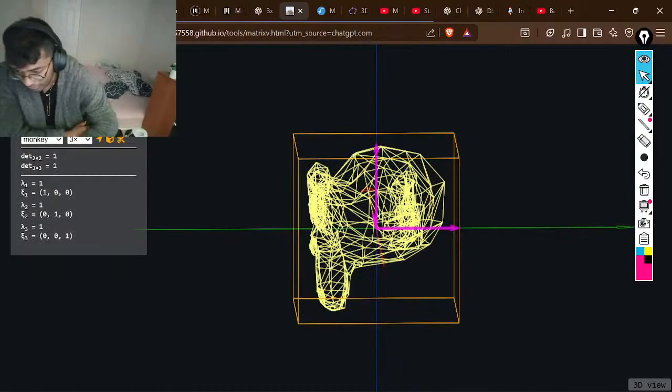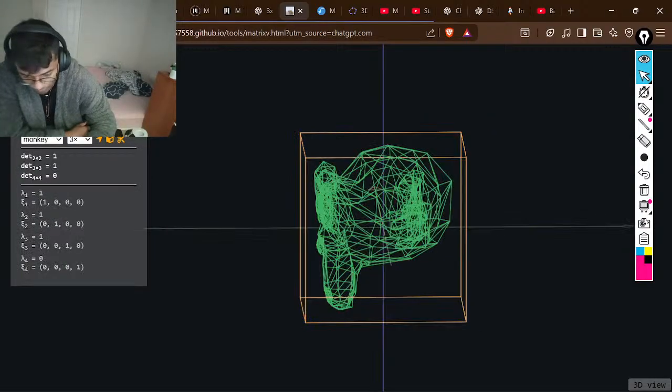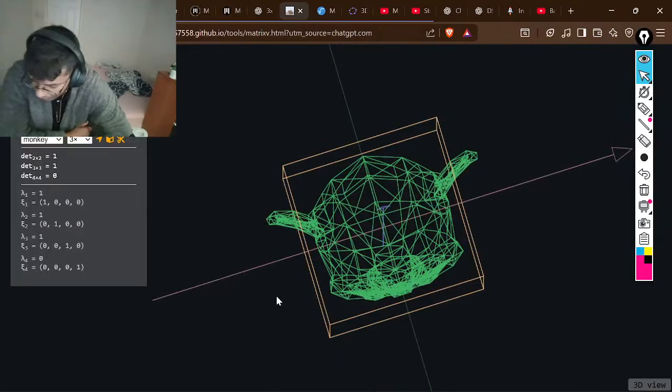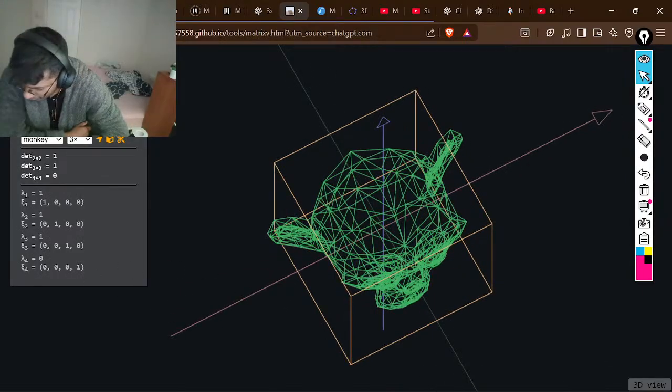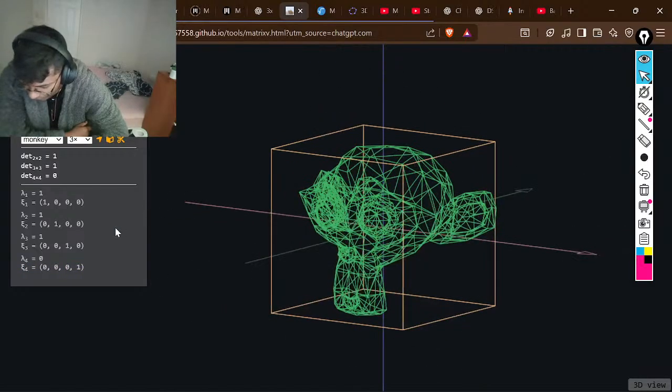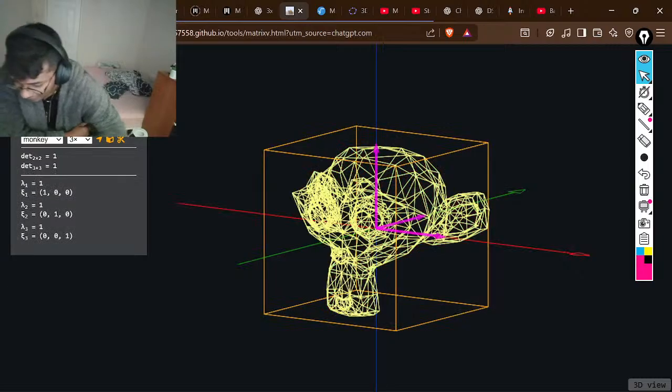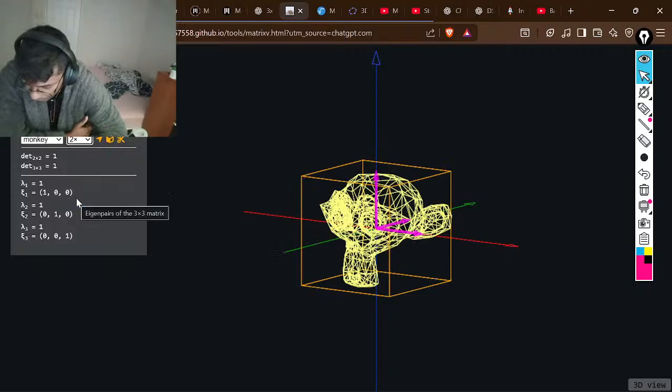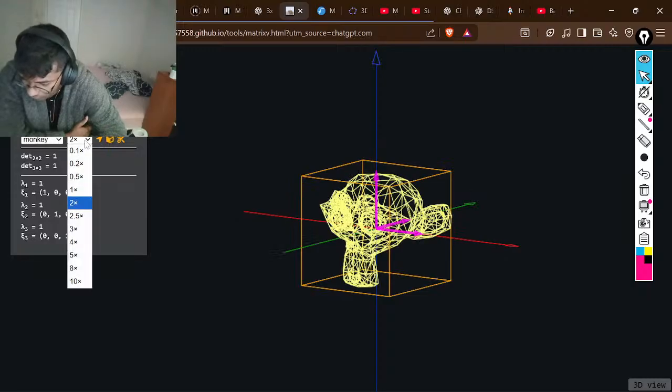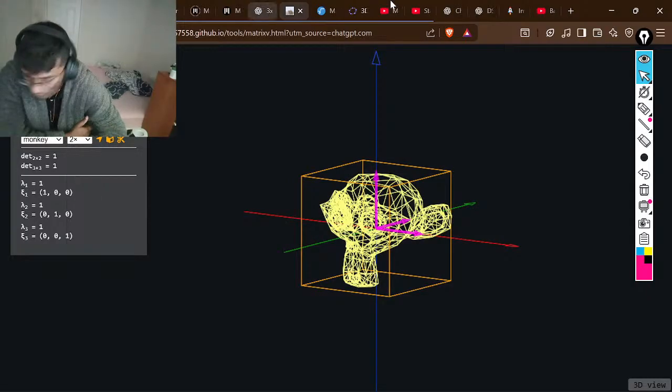I don't know what that is. What is this? It's a true 3 by 3 matrices. What did I even say? Okay, I don't know what it means. Let's do 2 by 2. Okay, that is a bad website.